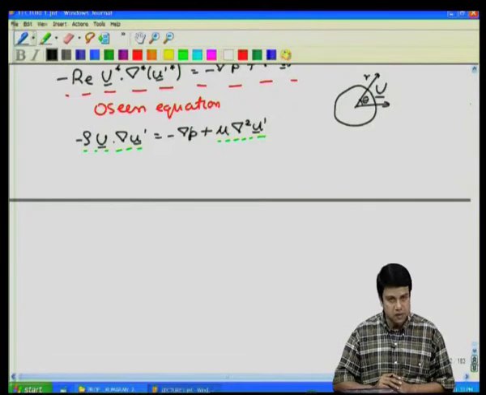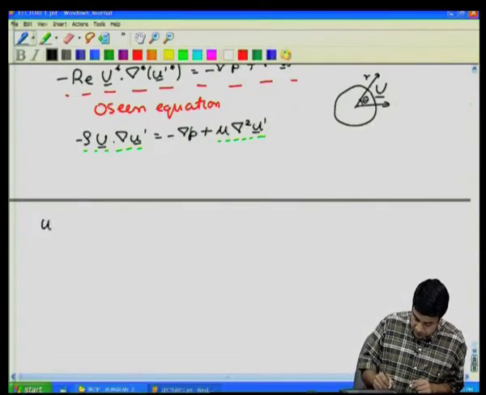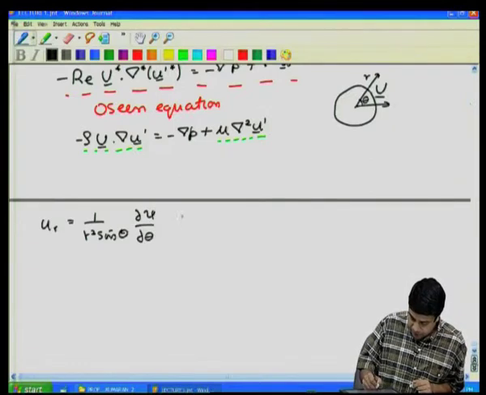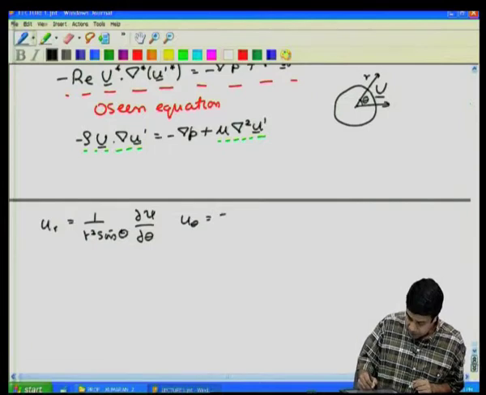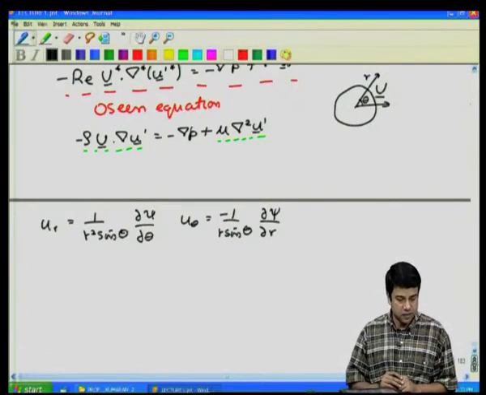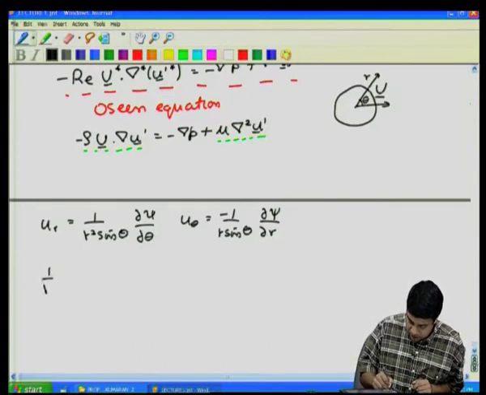So, in that case it is possible to find a stream function formulation. If I write u r is equal to 1 by r square sin theta partial psi by partial theta, and u theta is equal to minus 1 by r sin theta partial psi by partial r, this will identically satisfy the axisymmetric mass conservation equation, that is 1 by r square d by dr of r square u r plus the theta term equals zero.